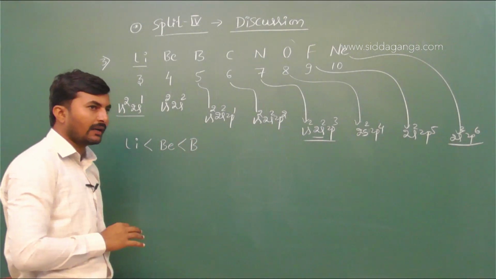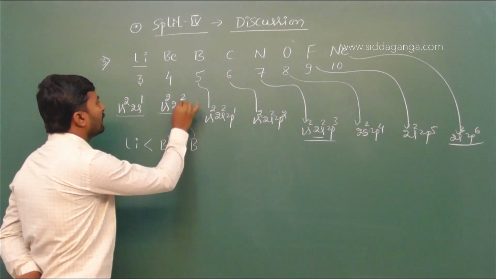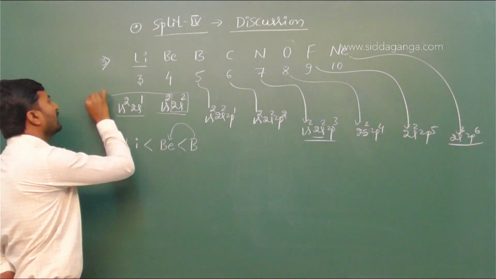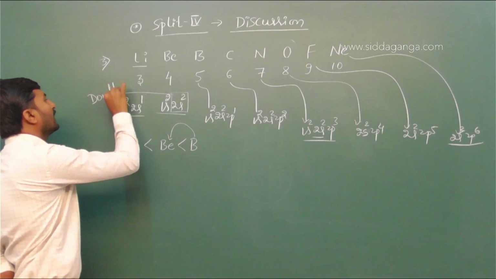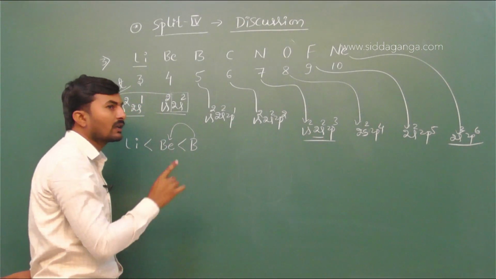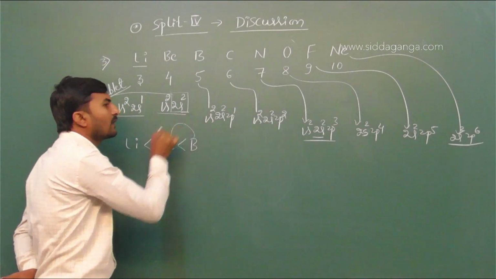This is the common trend, but here there is an exception: beryllium has a completely filled configuration, called a doublet configuration. Because of this doublet configuration, it is very difficult for us to remove the electron from this 2s orbital.